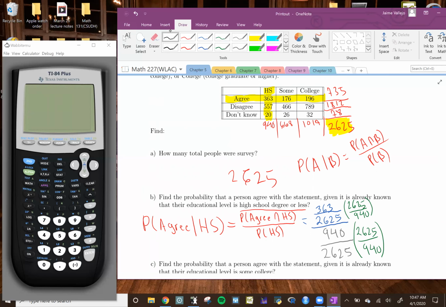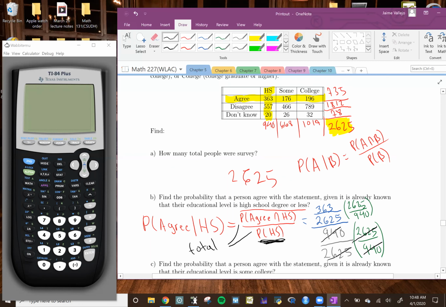Because both of these statements, you always divide by the total. If I want the probability of an and statement, you divide by the total. And if you remember, these are marginal distributions, so you also divide by the total. Give it a minute and you'll see what happens. The 940 and the 940 cancel out. The 2625 and the 2625 cancel out.